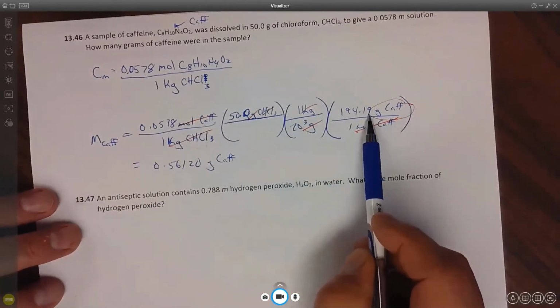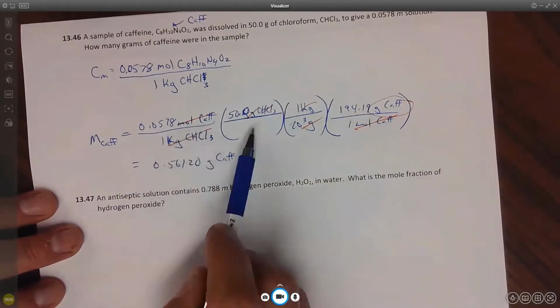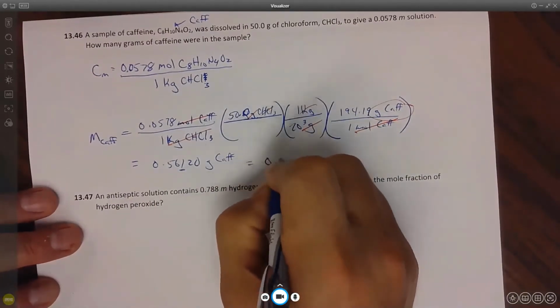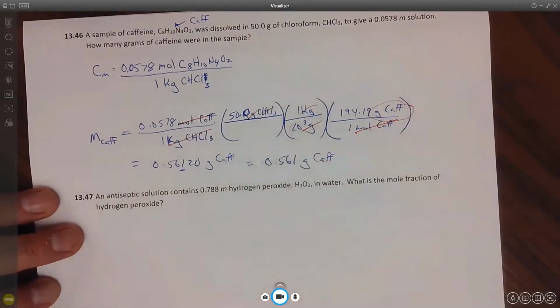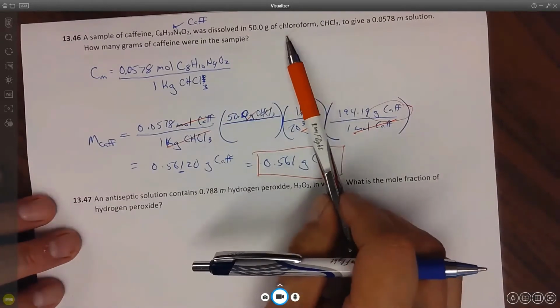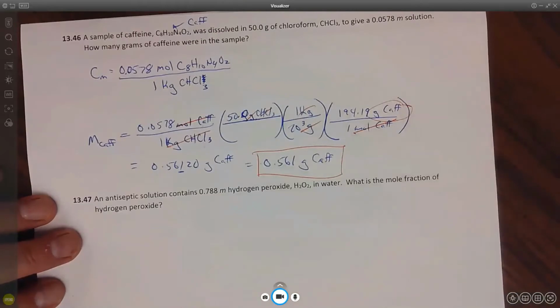Now, because all we're doing is multiplying and dividing, it's the measured value with the fewest number of sig figs, which is 3. So that's how many our answer will have, 3. And so that then is 0.561 grams of caffeine are in a sample that contains 50 grams of chloroform with a molality of 0.0578 molal.